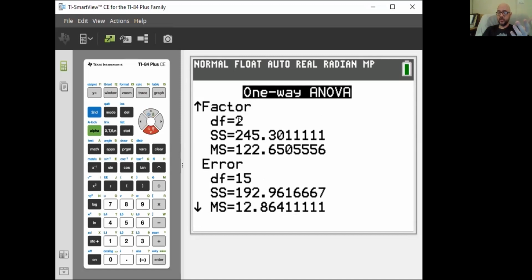That's where this 2 is coming from. For the denominator, what we did was we averaged all the variances together. Well, each group had 6 things in it. Those 6 things give us 5 degrees of freedom, and we have 3 groups. So 5 plus 5 plus 5 is 15. That's where those are coming from.